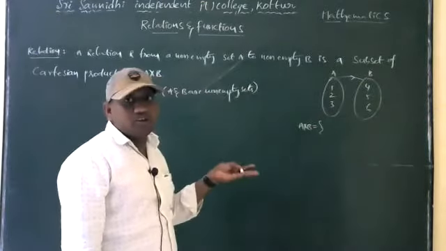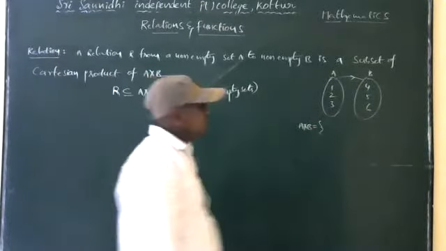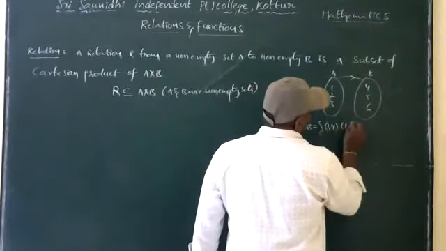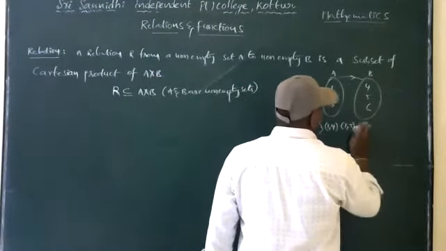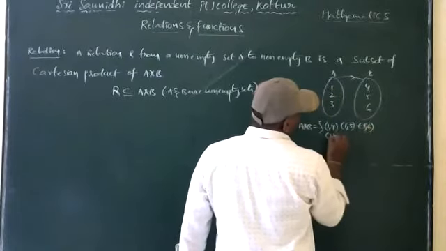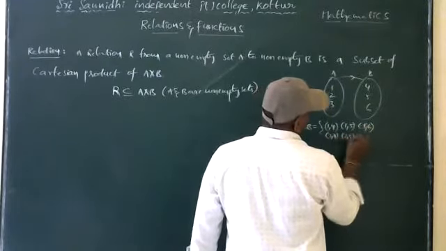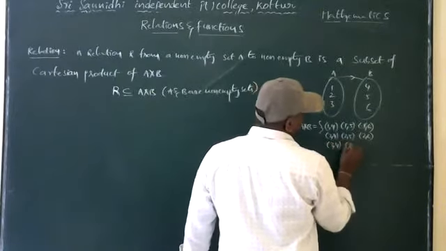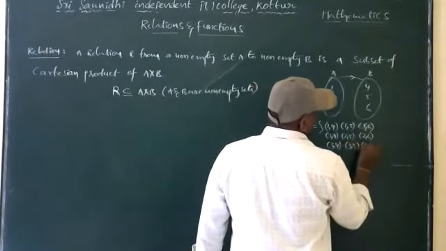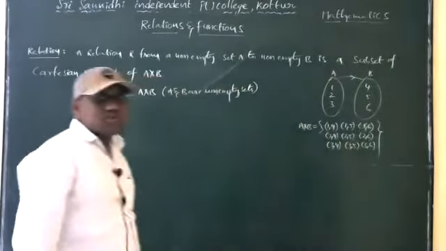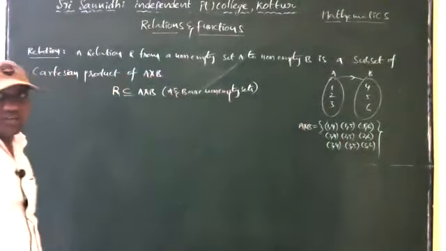All possible ordered pairs is called the Cartesian product. So here 1, 4, 1, 5, 1, 6, 2, 4, 2, 5, 2, 6, 3, 4, 3, 5, 3, 6. By writing all possible ordered pairs from A to B is called a Cartesian product, right?